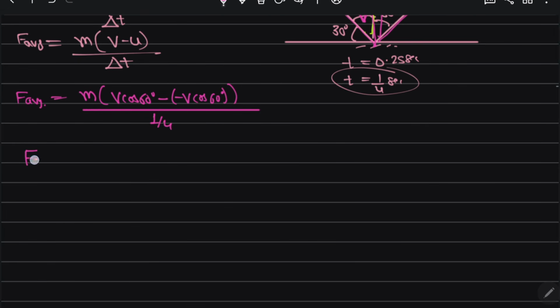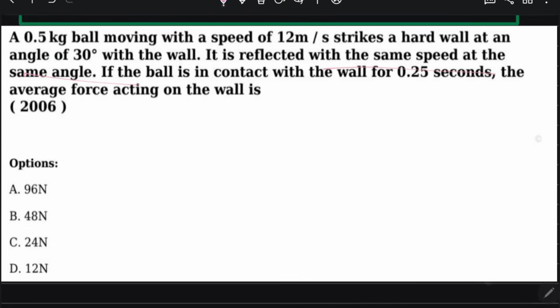So average force is mv cos 60, 1 by 2 plus 1 by 2, divided by 1 by 4. So this is mv by 1 by 4, so average force comes out to be 4mv.